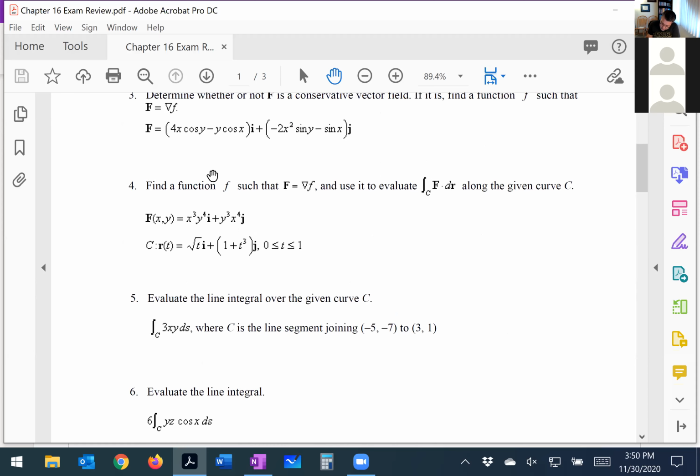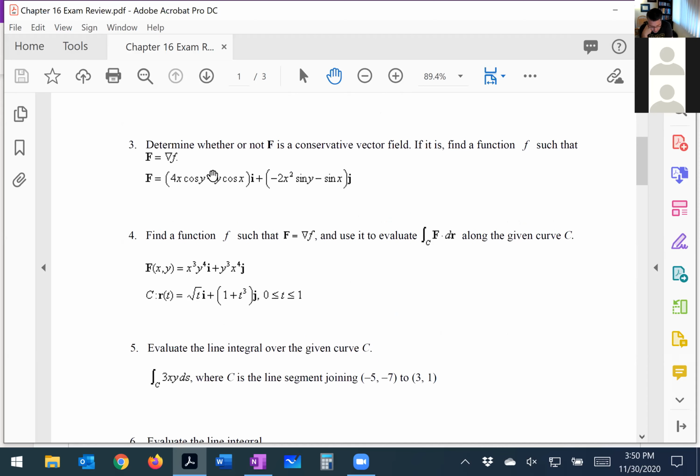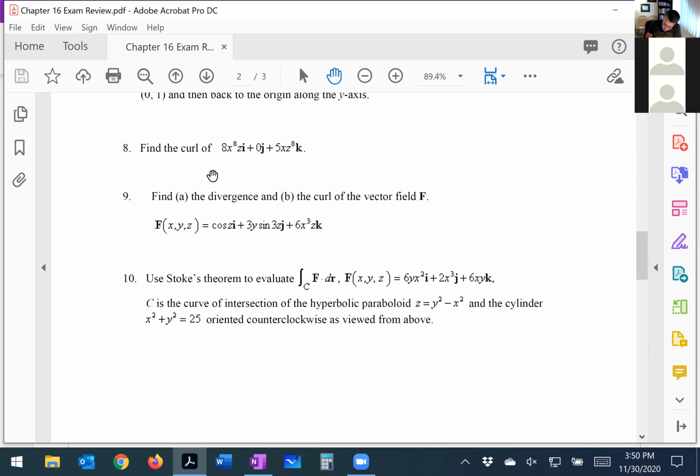Okay, so 3 says determine whether or not f is conservative. If it is, find a function such that f is equal to the gradient of f. So we want the parent function on that one. Let's do 3 here.